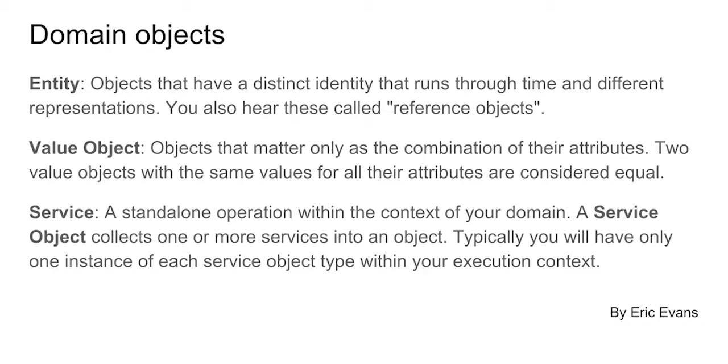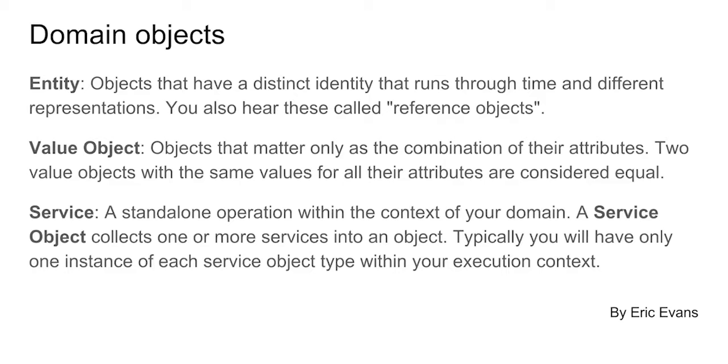For example, in Magento 2, we have products which have SKUs, and we have categories and customers which have identifiers. The next group is value objects, and value objects are comparable by their value. So basically, two objects are considered equal if their values are the same.